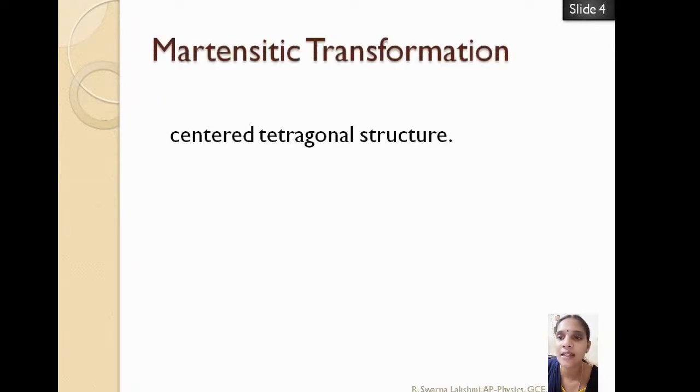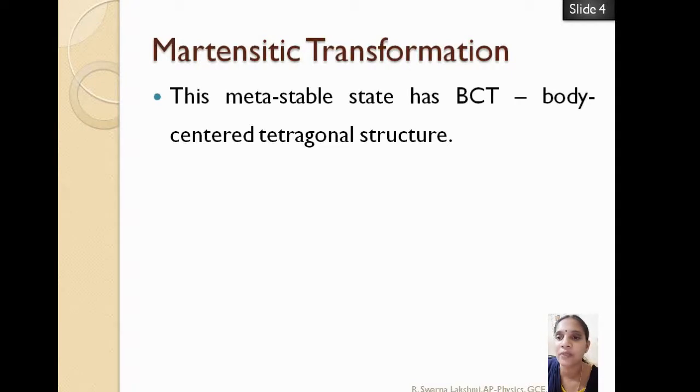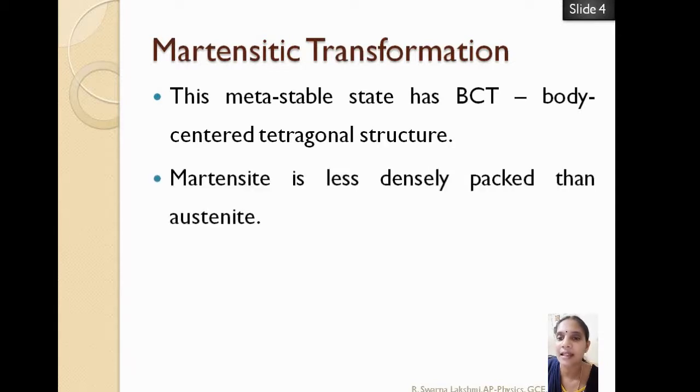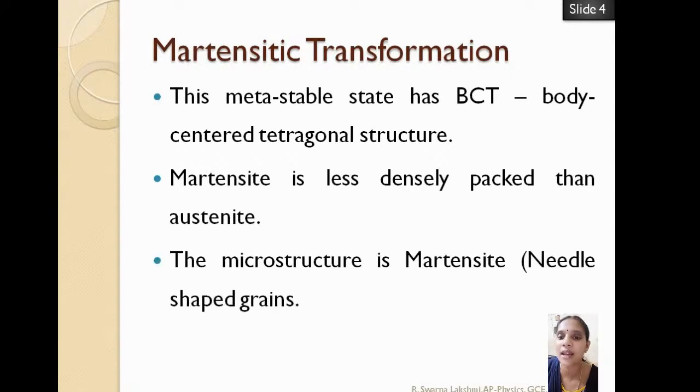So you must understand that there is no diffusion. Instead, there is a shear force that changes the crystal structure from FCC austenite to a body-centered tetragonal martensite. So the martensite, being body-centered tetragonal, is less densely packed than the austenite.